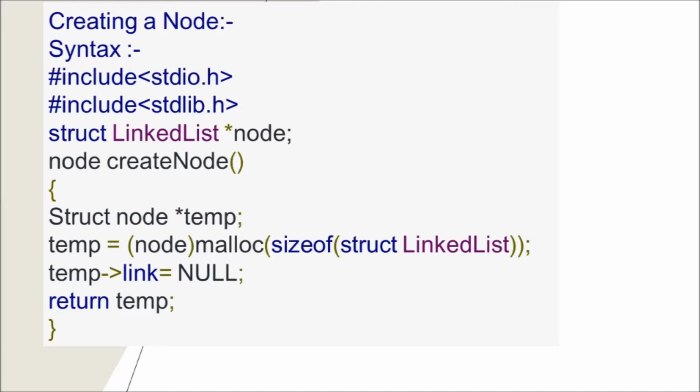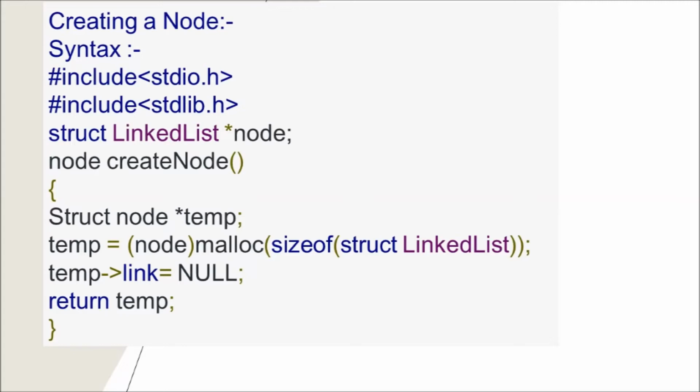We can use dynamic memory allocation in linked list, so linked list is dynamic in nature. We set the link part of temp equal to null, and return temp so that the node is created.